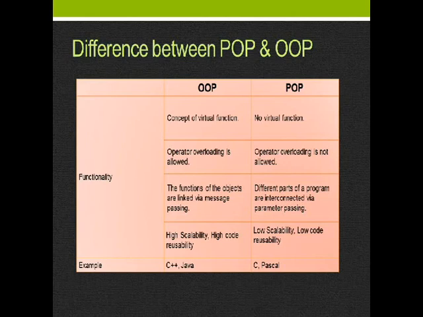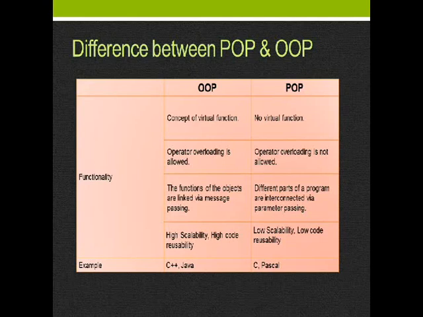Operator overloading is allowed in object oriented programming, whereas there is no concept of operator overloading in procedure oriented programming. The functions of the objects are linked via message passing, whereas different parts of a program are interconnected via parameter passing. That is, subprograms pass values to other subprograms by parameter passing.